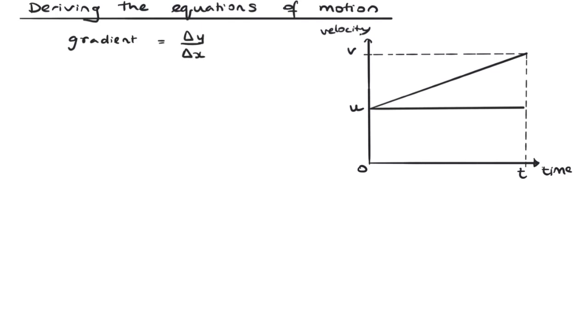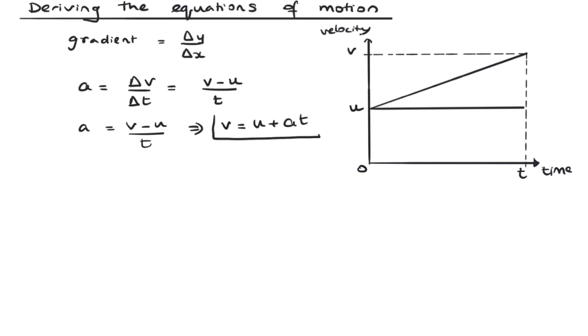So the gradient is a, and the change in the velocity over the change in time could be written as v minus u over time t, and so a is equal to v minus u over t, which we have seen in GCSEs as well. But if we just rewrite it to make v the subject, we'll end up getting v equal to at plus u, so u plus at.